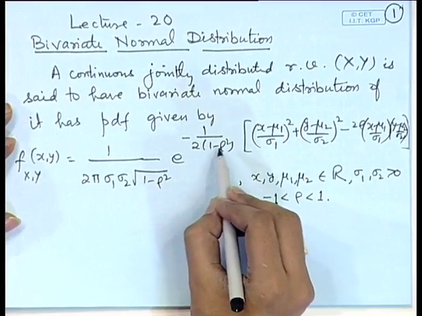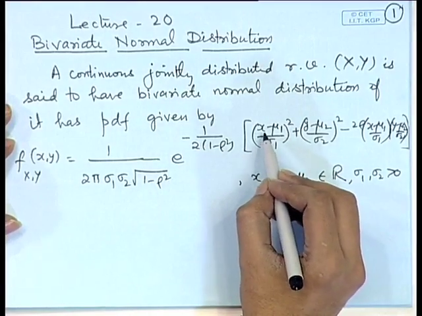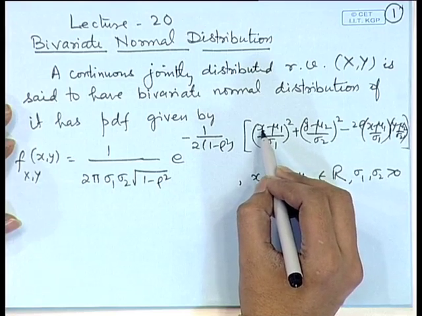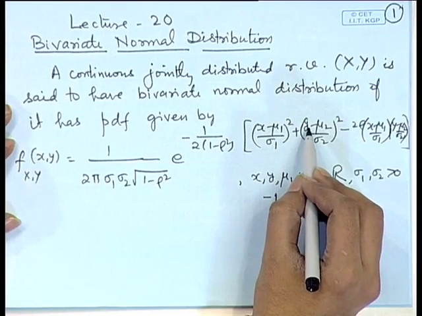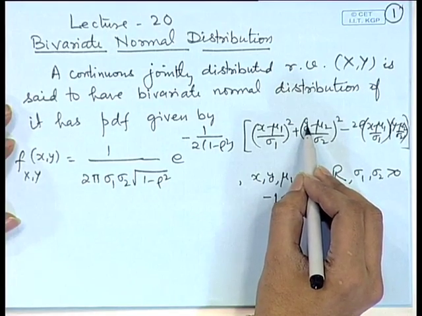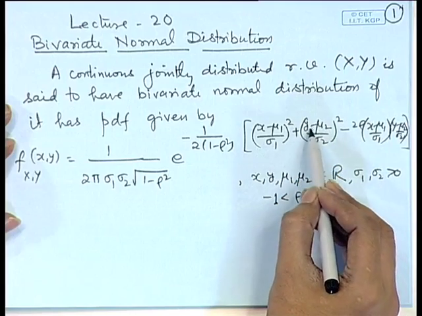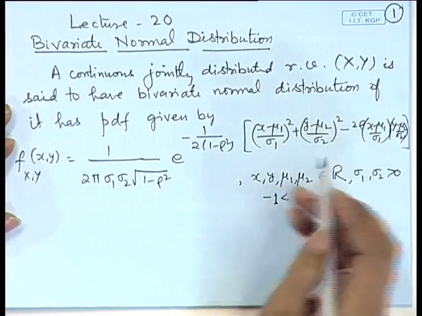A closer examination of the density function reveals that in the exponent we have a term like those which appear in the exponent of the normal distribution. So, if we want to integrate with respect to y, we can convert it into a density with respect to y. That suggests that we make a perfect square in y.